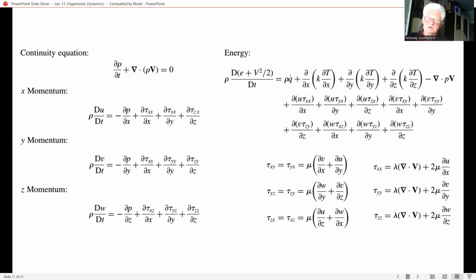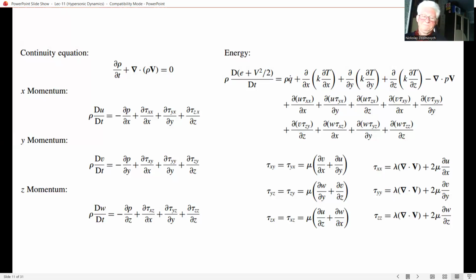And the temperature gradient, d over dx, with another coefficient, represents energy transfer across a surface caused by thermal conduction.